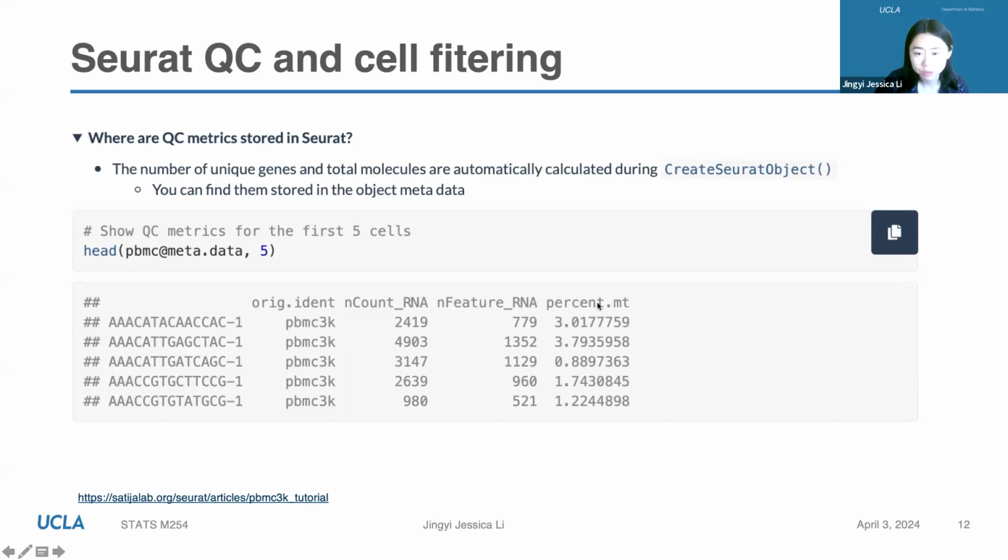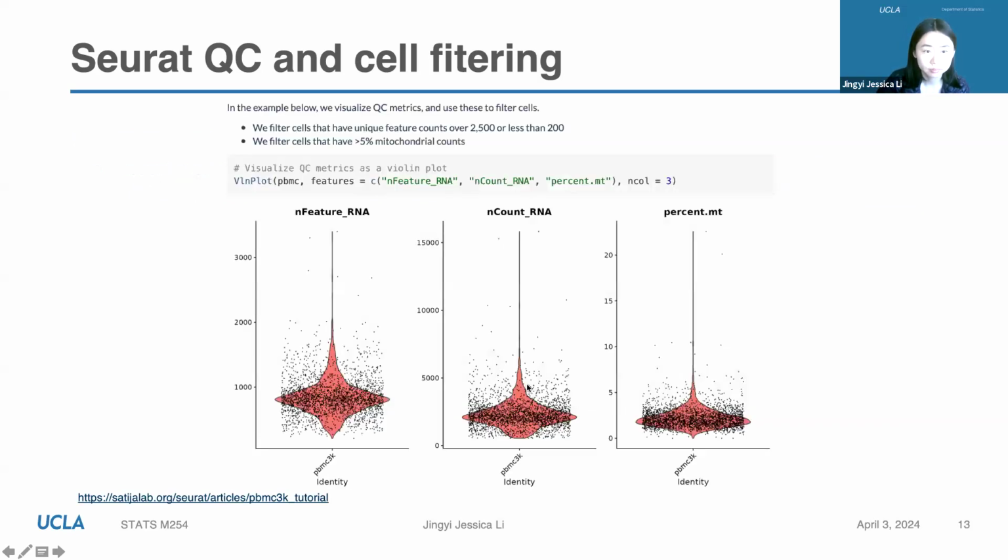And finally, there's the percentage of mitochondria gene counts. The first 2 cells have quite high mitochondria gene counts compared to the rest. Cell 1 has a total UMI count of 2,419 and a number of genes of 779. So indeed the first 2 columns are quite well correlated.